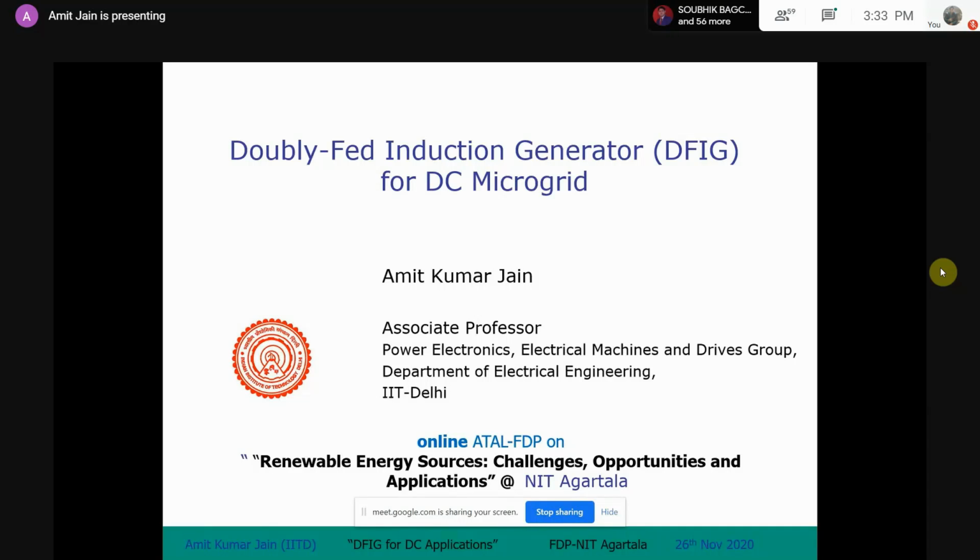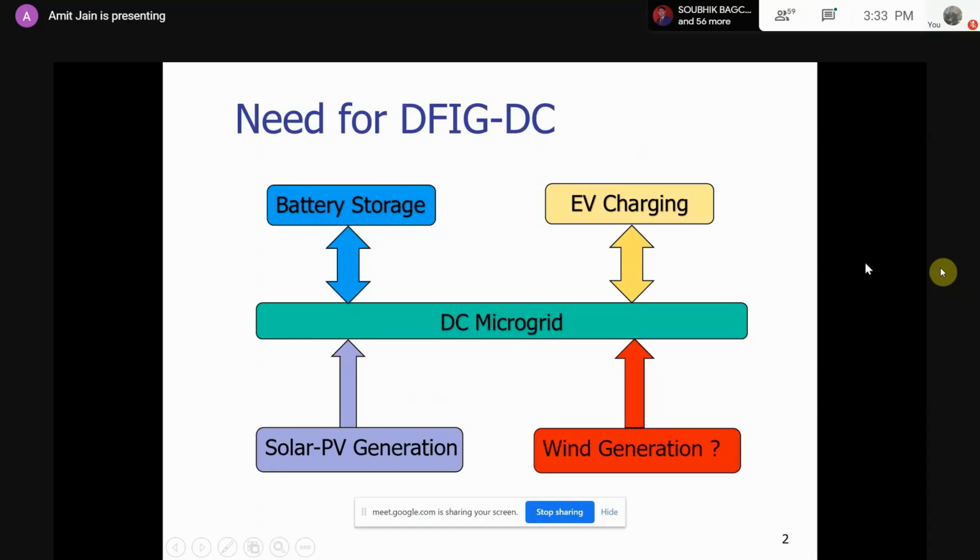So going forward, all of you know that DC microgrid is becoming popular in power systems and power supply. So you all may be knowing the reasons for that.